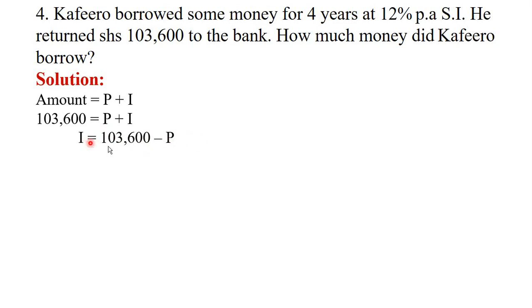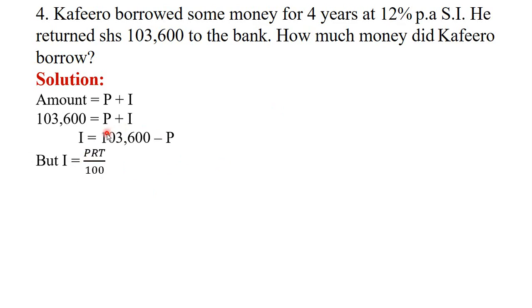So here we have I is equal to this, but also we know that interest is equal to the principal times the rate times the time divided by 100. And so if we substitute, remember P we don't know, rate we have, it is 12, and then the T is 4.